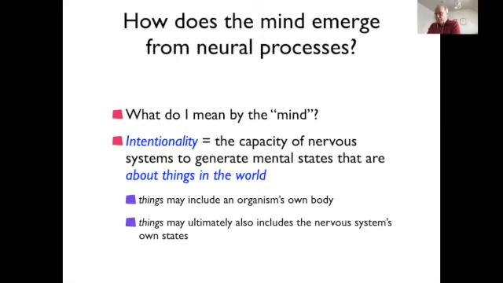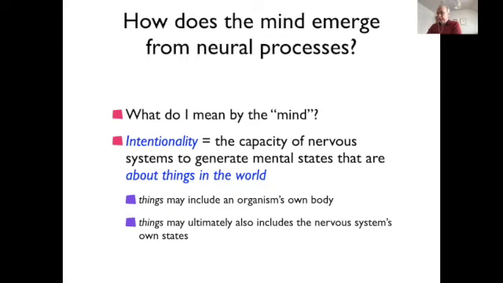That's a common term that is included. I'll explain that in a moment, but the philosophers talk about it more generally as the capacity of an agent or a nervous system or a person of having mental states that are about things in the world.